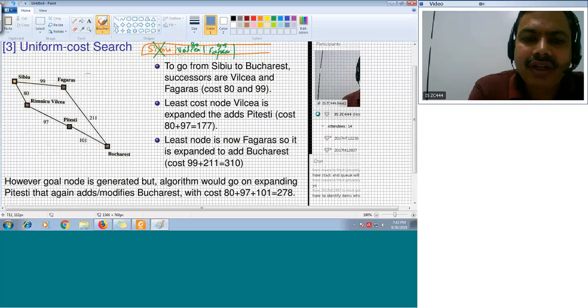Then in the next step you take Vilcea out, because it is the smaller one. The last node was Vilcea, it is expanded, therefore you expand this. What can you expand? You would expand Pitesti, so you put Pitesti over here.